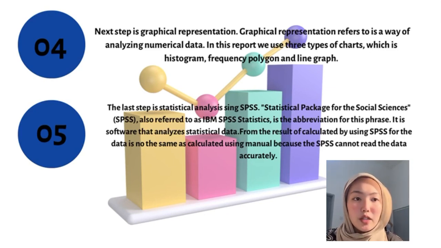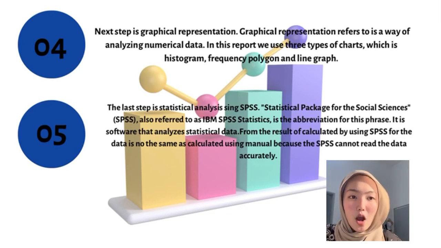Statistical Package for the Social Sciences, SPSS, also referred to as IBM SPSS Statistics, is a software that analyzes statistical data. The results calculated using SPSS are not the same as calculated manually because SPSS cannot read the data accurately.